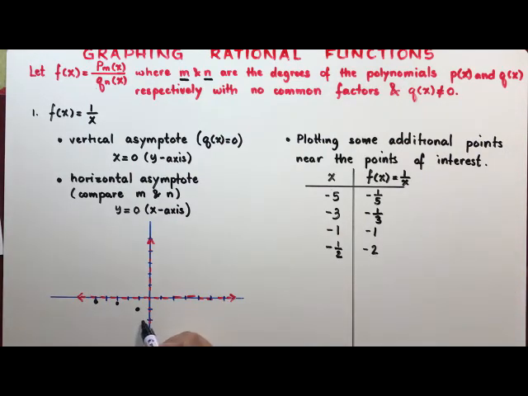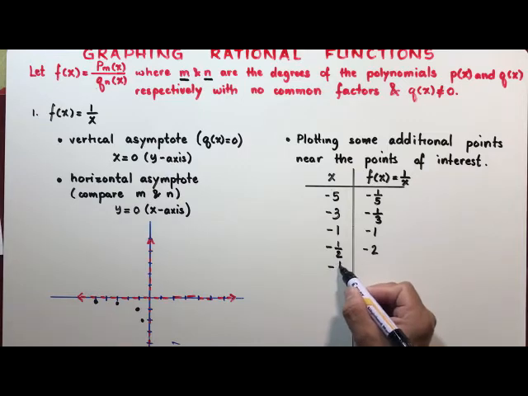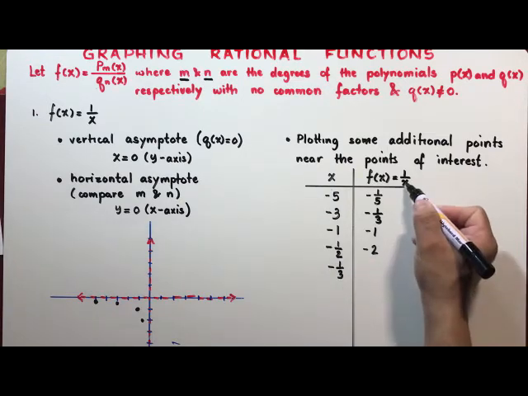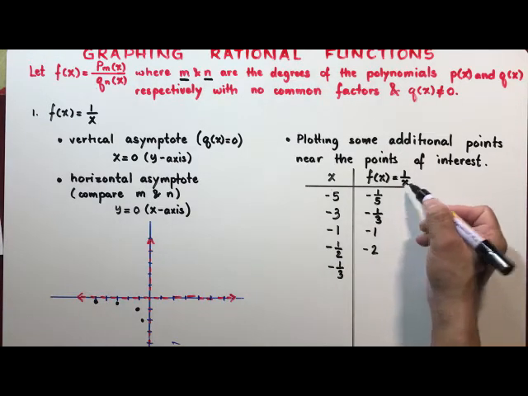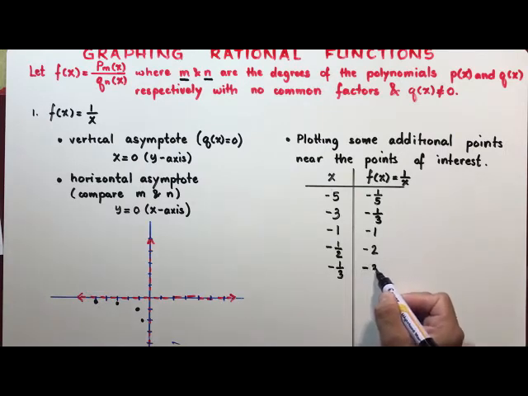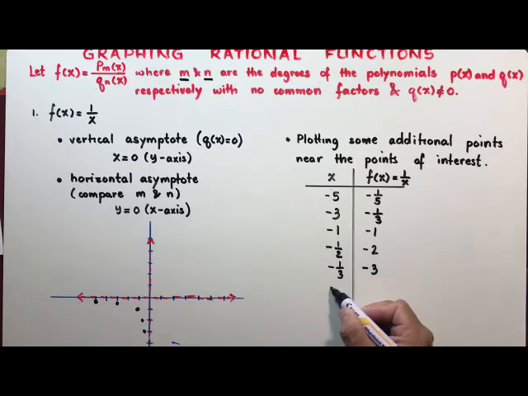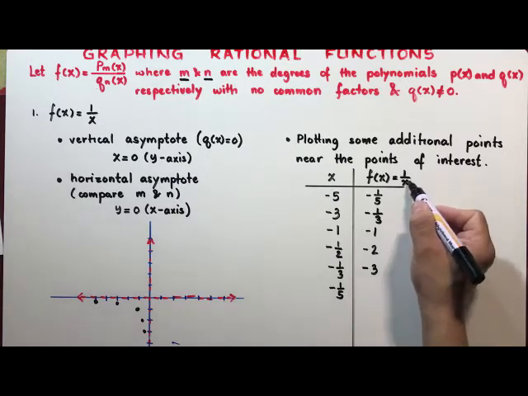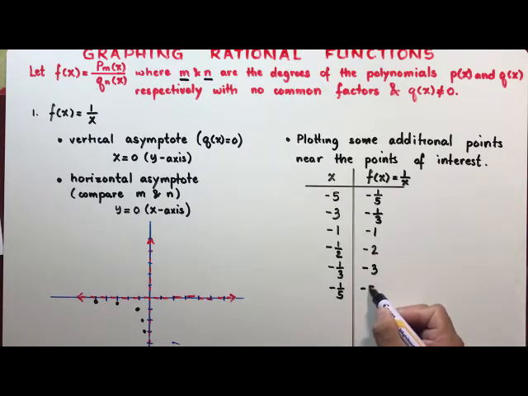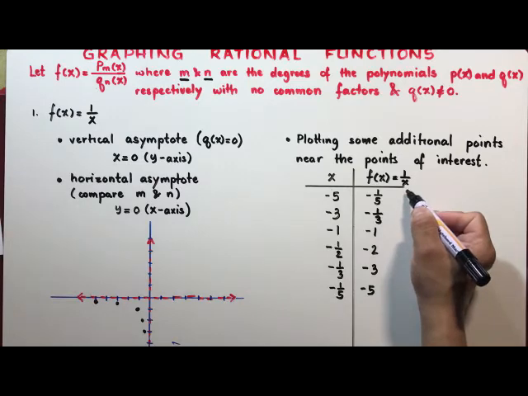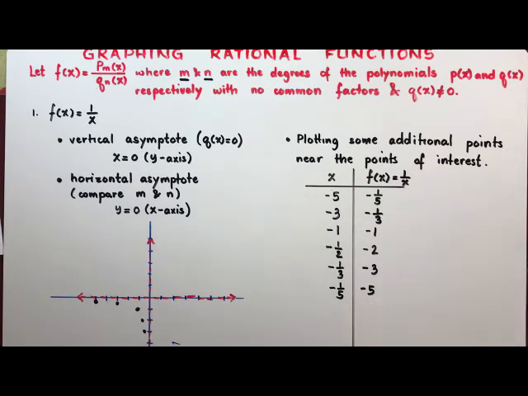When x is negative 1/3, 1 divided by negative 1/3 is negative 3. And if you try negative 1/5, the value of your function becomes negative 5, because 1 divided by negative 1/5 is negative 5.